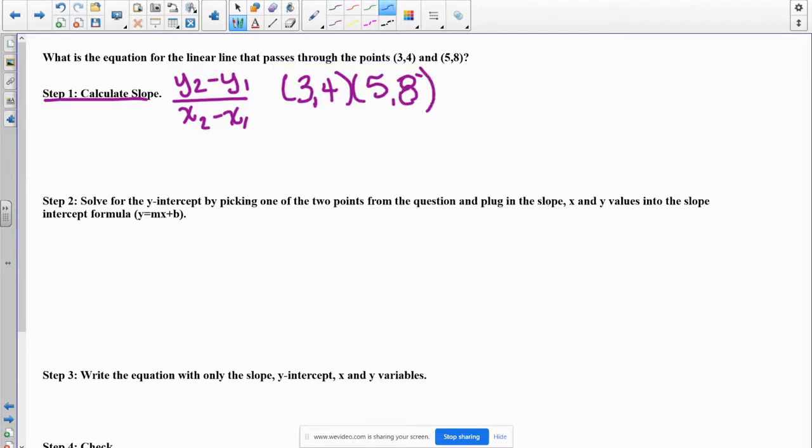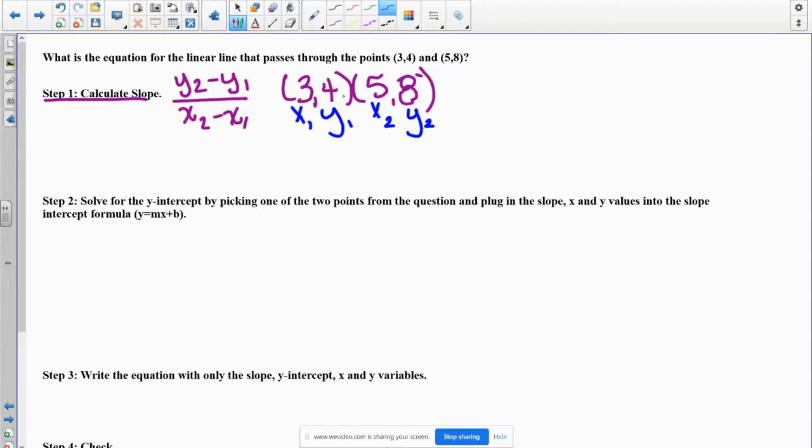And you are going to designate which one is going to be your first set and your second set. And mathematically, it doesn't matter. Of course, this is your x, and this is your y, and this is your x, and this is your y. But it doesn't matter if you call this x1, y1, and this one x2, y2, or if you want this one to be 1 and 2. You just have to make sure that x1 and y1 are in the same pair, and x2 and y2.